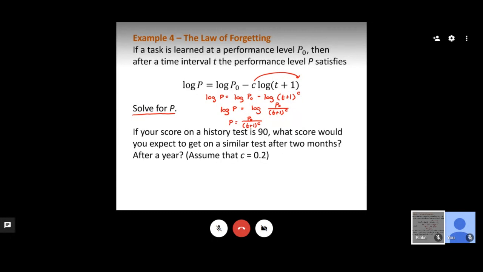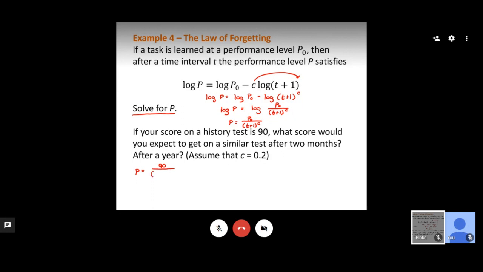And so all we have to do now is plug in, right? Like you were saying, Destry. So I'm looking for what my score would be. So that's our P. What's our P sub 0 going to be this time? The 90, right? Because that's what we scored initially. Then in the denominator, we're going to have T plus 1.